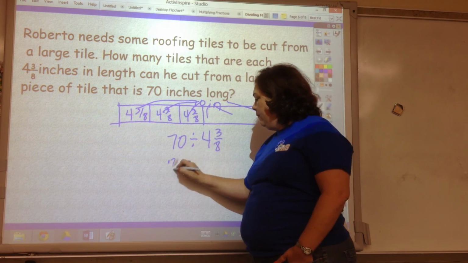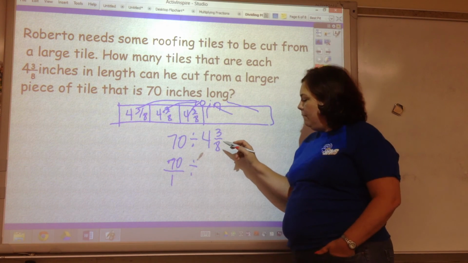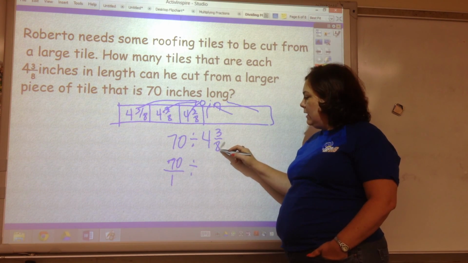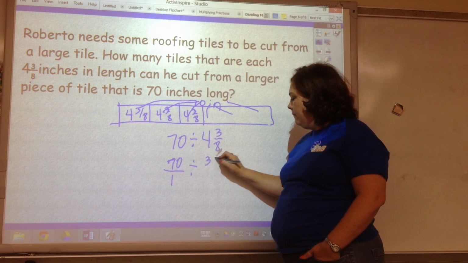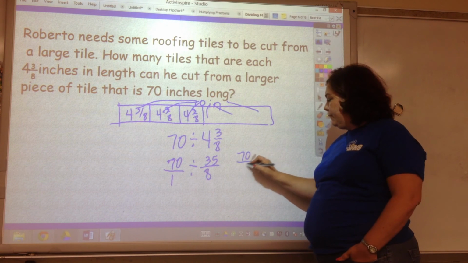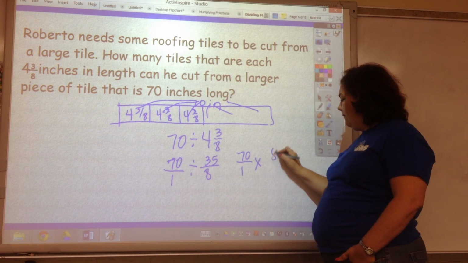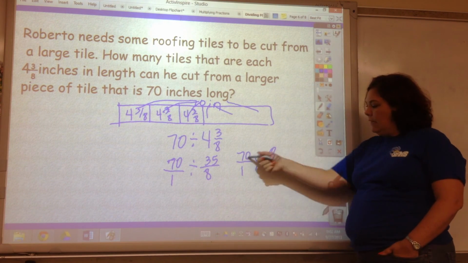Now I'm going to put 70 over 1, and I'm going to find out what my improper fraction is. 8 times 4 is 32, plus 3 is 35, over 8. So I'm going to leave, change, and flip. Now, I can see that I can cross cancel.